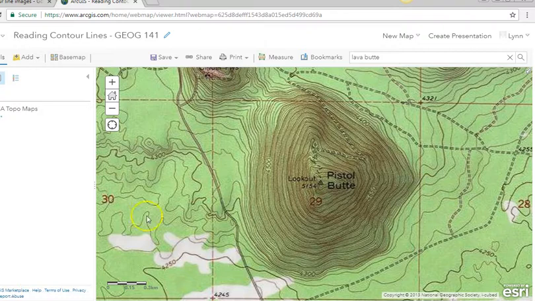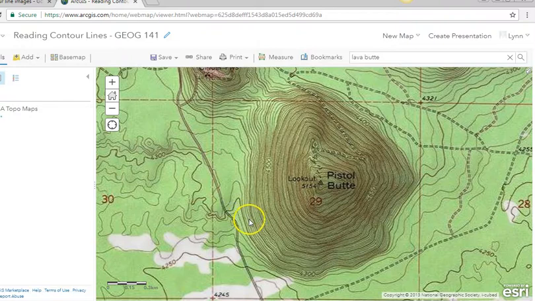So this is the index line for 4,300. And there's another index line, and another index line, and another index line. So I've got 1, 2, 3, 4 spaces of index lines between 4,300 and 4,500. So there's 200 feet in elevation here.